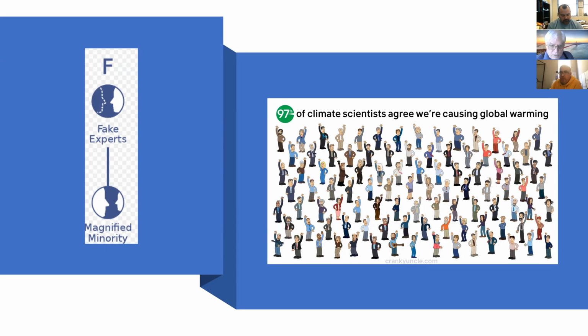And then we have a number of fake experts, and their minority opinion gets magnified. A good example of that, if you're reading the newspaper, the newspaper will act like there's a 50-50 debate going on here. You know, half of the scientists say that it's occurring and half of the scientists say that it's not. Well, that's not true.